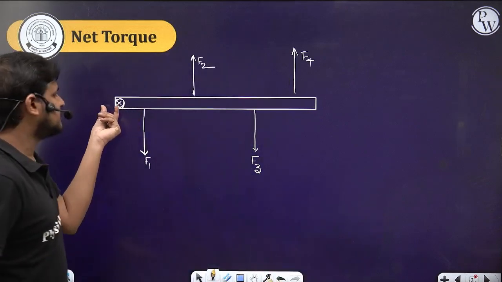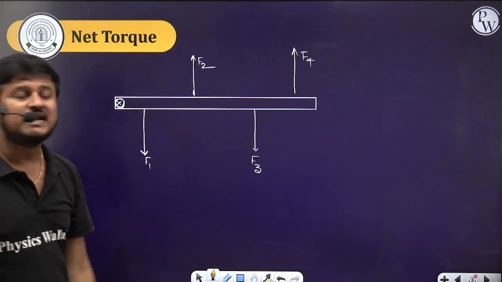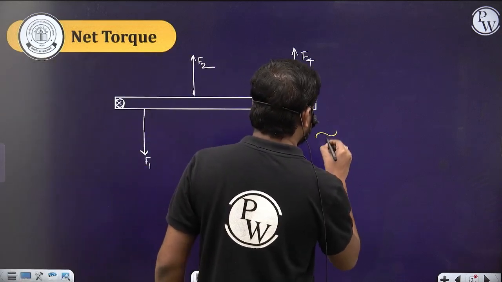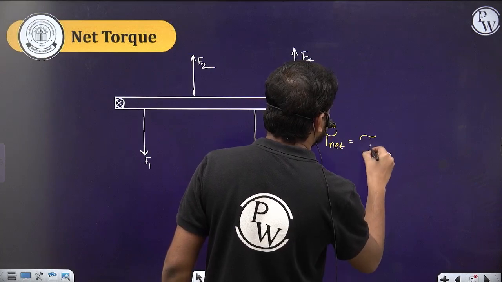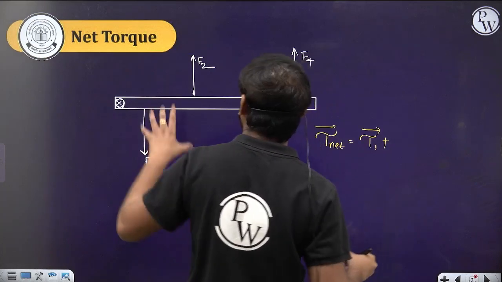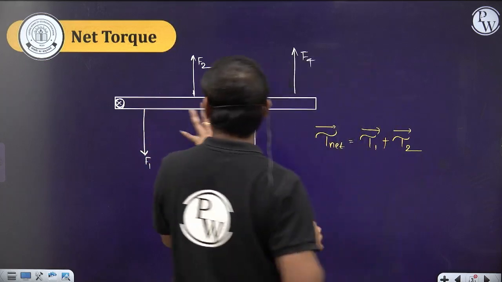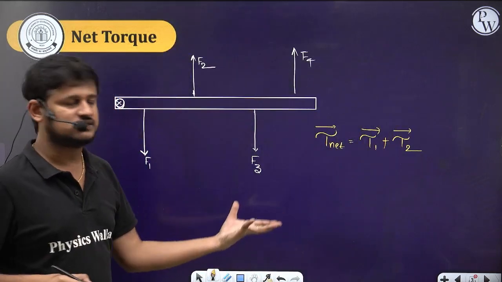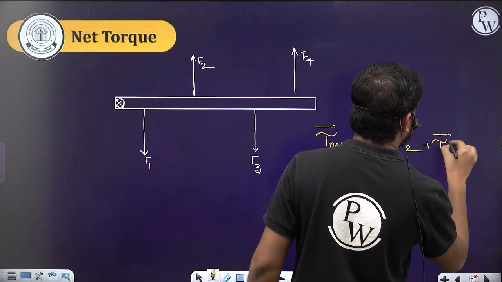The net torque is simply the vector sum of the individual torques. Here 4 torques are acting due to 4 forces: tau 1, tau 2, tau 3 plus tau 4.